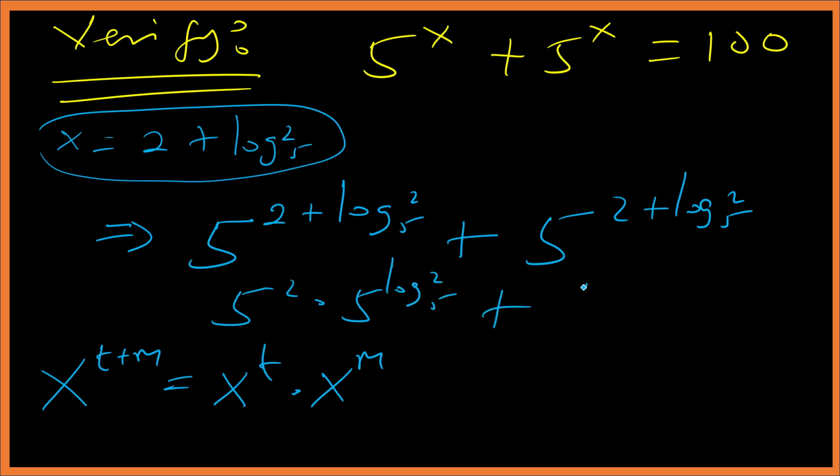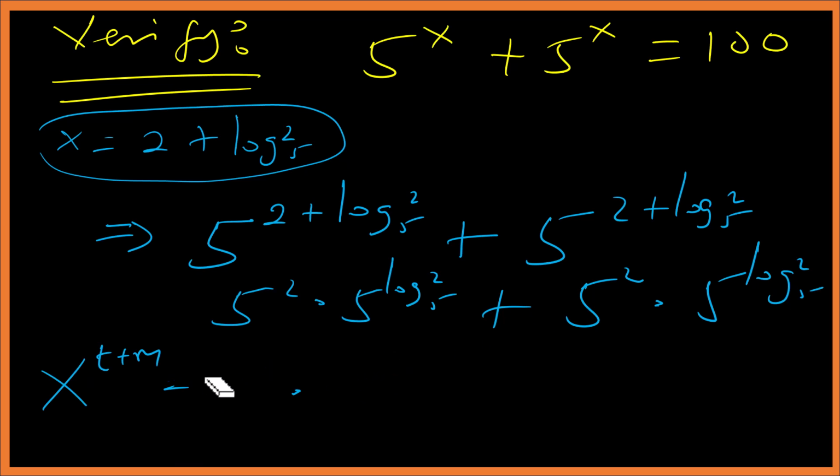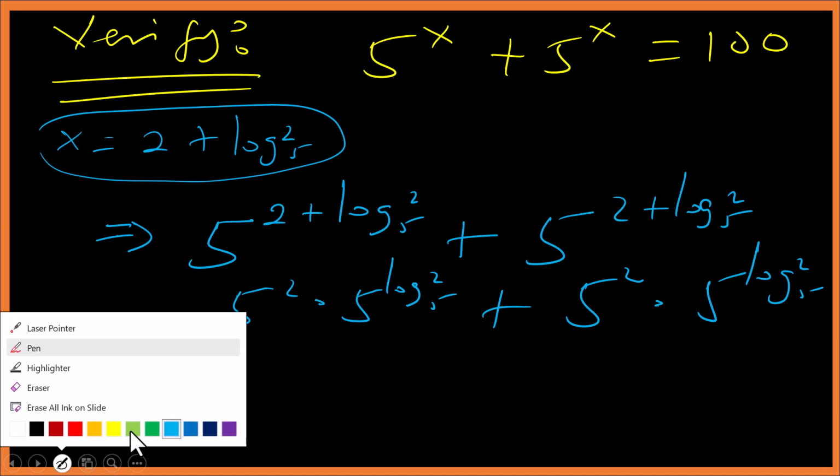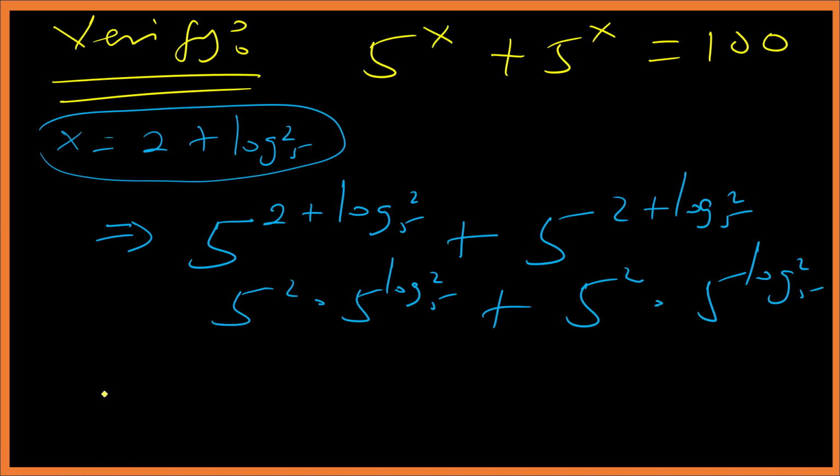And we have the same here, 5 raised to log 2 to base 5. Now let's observe this property. When we're given x raised to log t to base x, the answer is t.